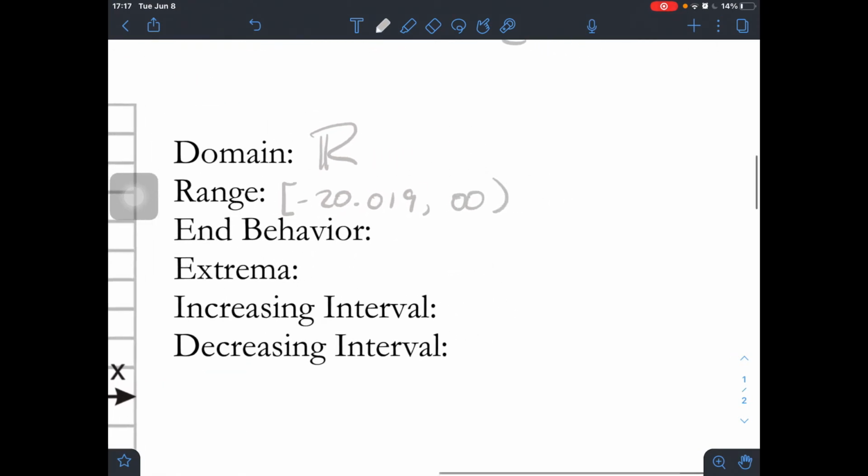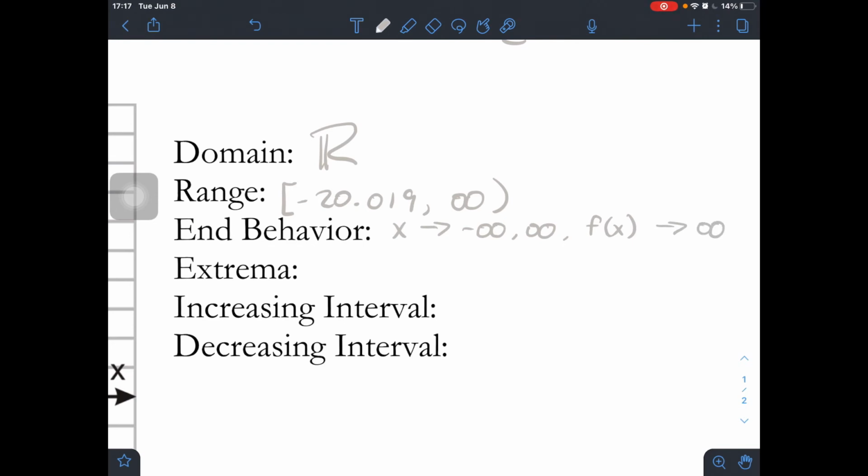And then the end behavior is going to be, as x approaches both positive and negative infinity, it's better to say f of x approaches infinity.